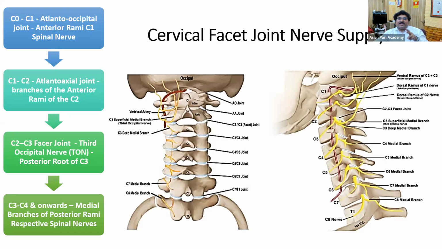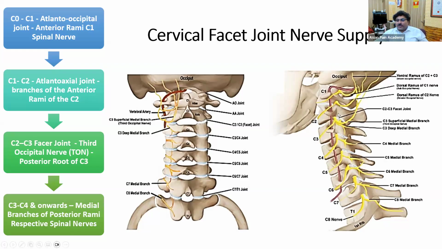They are supplied by the ventral rami. So the joint between the atlas and the occipital bone, that is the atlanto-occipital joint, is supplied by the anterior ramus of the C1 spinal nerve. Whereas the C1 C2 joint is supplied by the anterior ramus of the C2. Remember, they do not lie in the same plane.